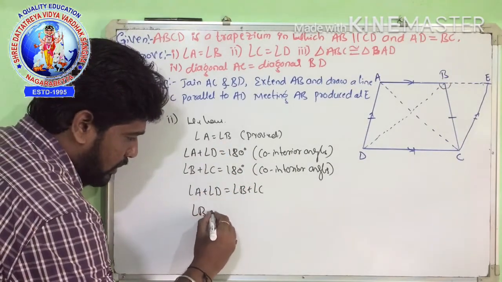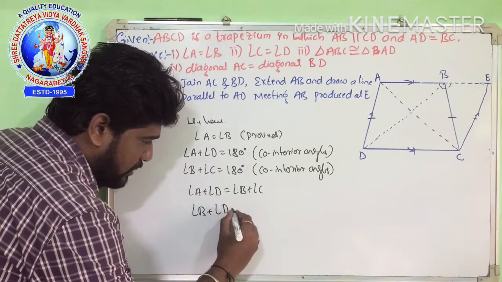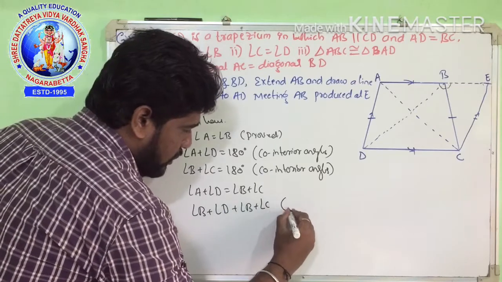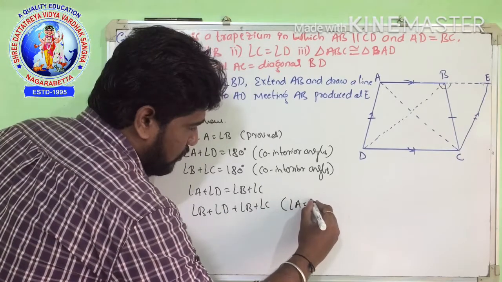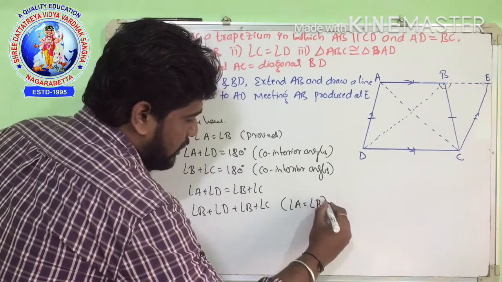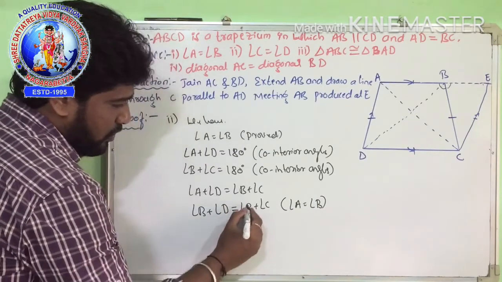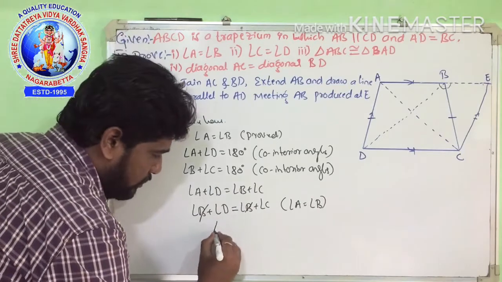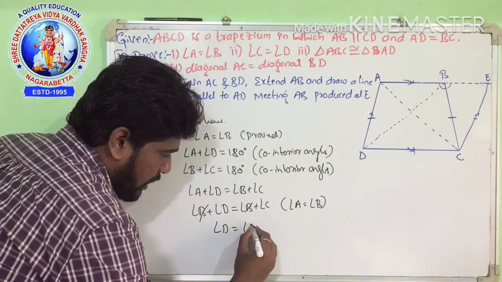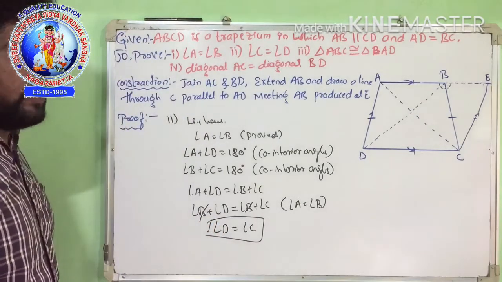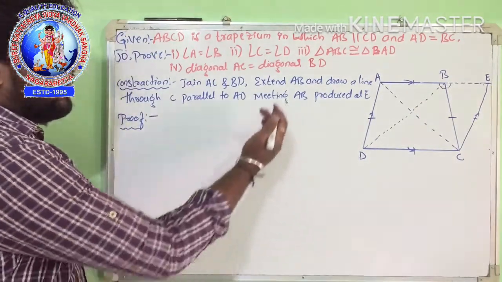So angle B plus angle D as it is, equals angle B as it is, plus angle C as it is. Now B gets cancelled. So angle D is equal to angle C. So we proved the second. Is it clear?